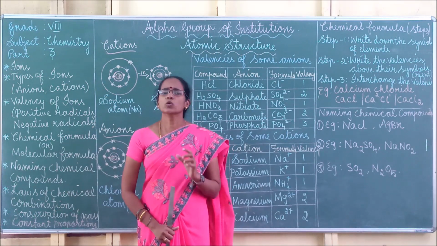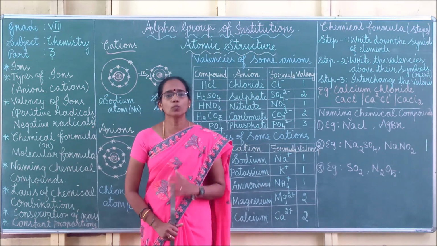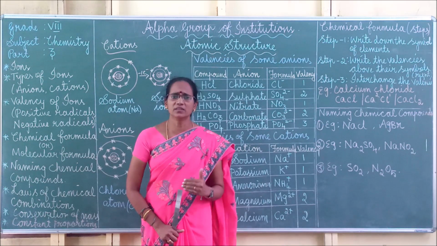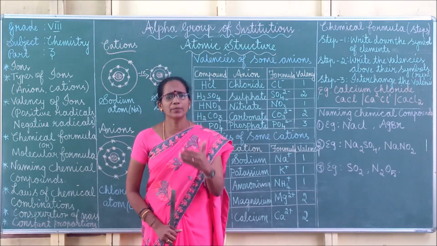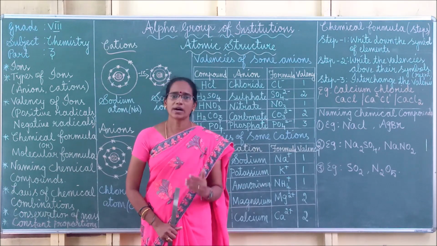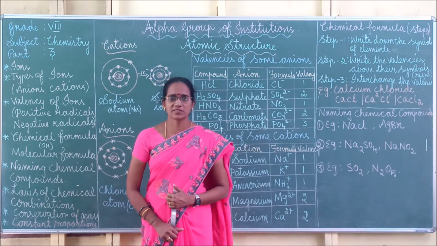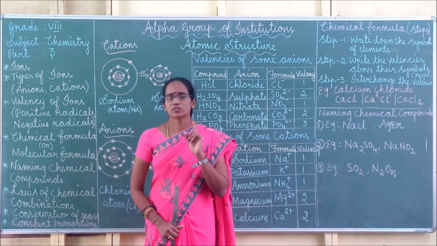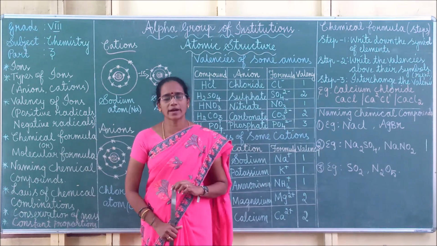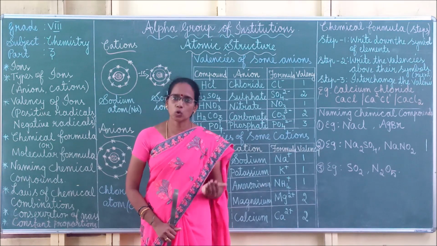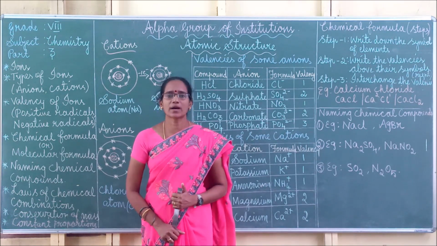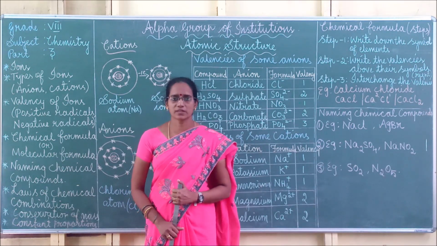So an atom or group of atoms either gaining or losing electrons can be converted into ions or radicals, right children? Good. It's a 2 mark question. What are called ions? Atoms which carry a negative charge or a positive charge are called ions, right?